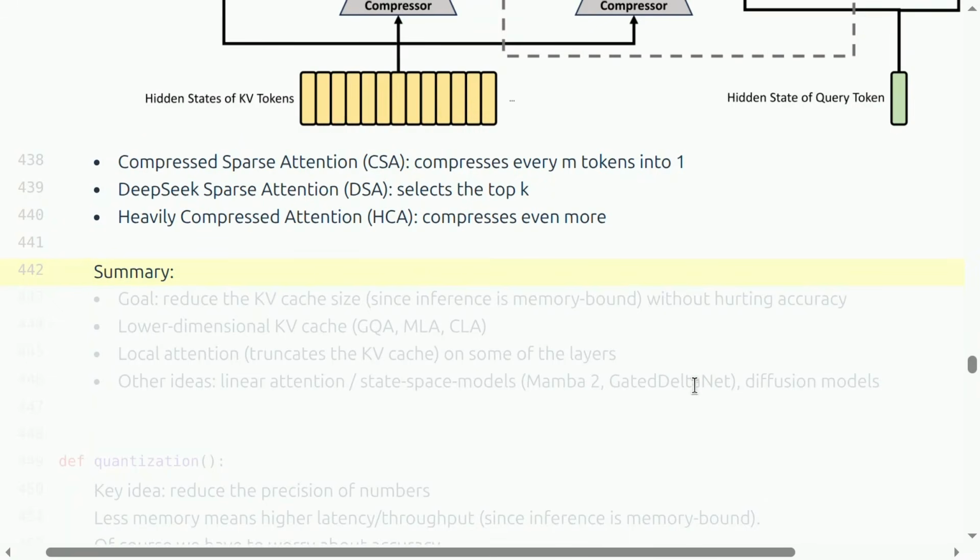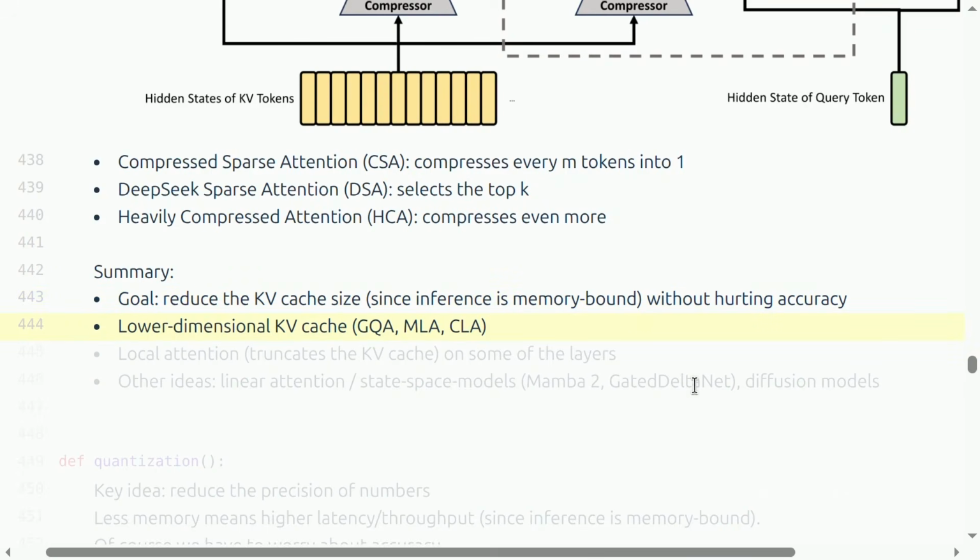So in the interest of time, I'll move on. The goal of this section is to reduce the KV cache, because KV cache is related to memory, and we saw that inference is memory bound, so that directly translates to improvements in throughput and latency. The key is to do this without hurting accuracy.